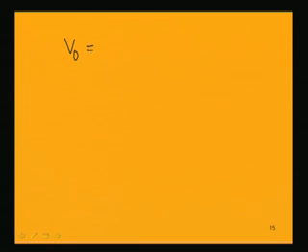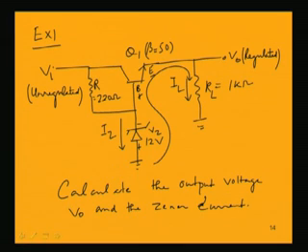It is a simple way to find V0 by looking into this circuit and applying Kirchhoff's voltage law in this loop. It is Vz. This is wrong, this is not plus; plus will be here and minus will be here, because this is a Zener diode and the polarities should be connected this way, with P negative and N positive.